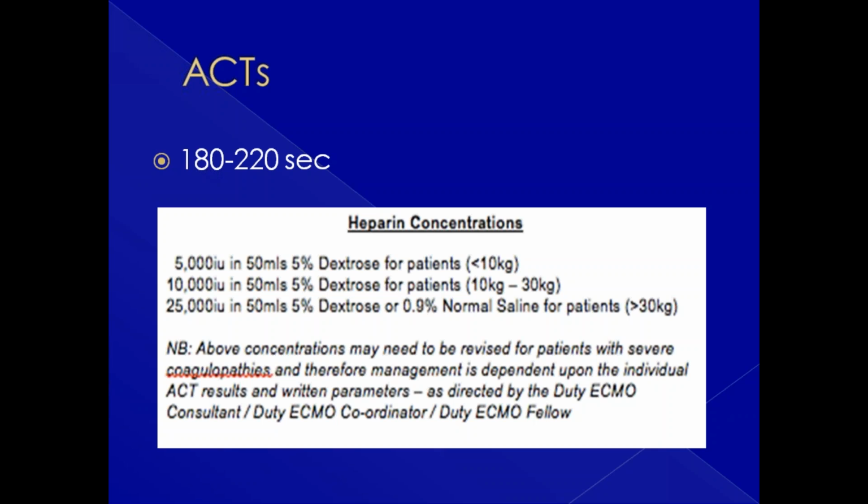These are the 3 standard combinations available for making heparin infusion. With those infusions, you tend to run it on an hourly basis to see how much heparin they need.